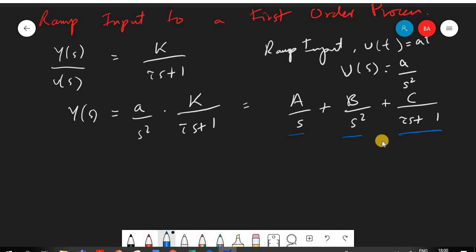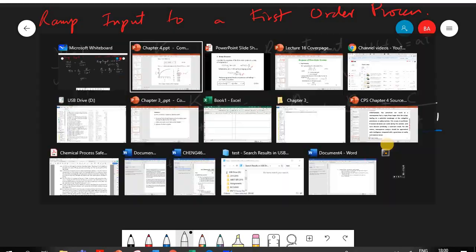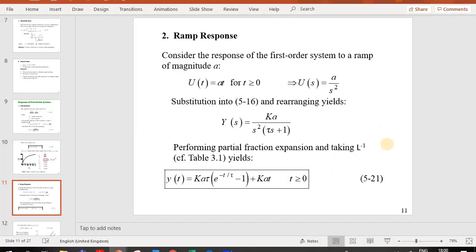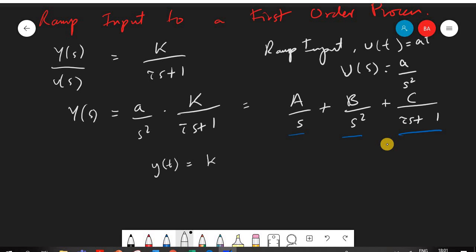So we can see that you can do your math and find that my y of t is going to be equal to K a tau into e to the power minus t over tau minus 1 plus K a t.